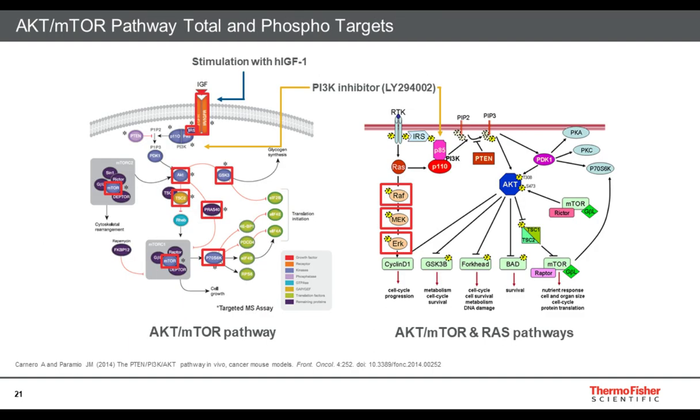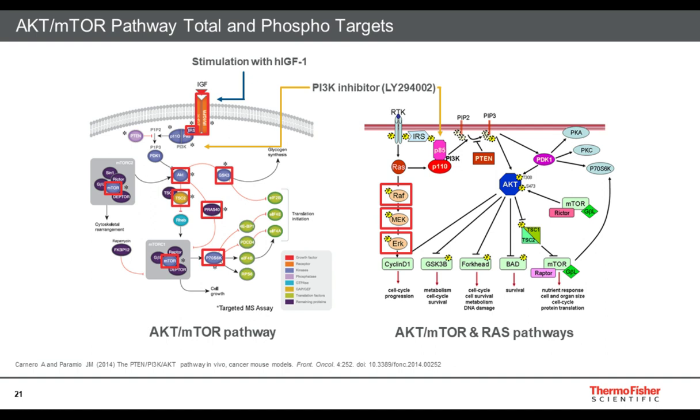So once we have this AKT mTOR and the RAS assays, we wanted to ask a biological question where we took 2 cancer cell lines, HCT116, which is a colorectal cancer cell line, and A549, which is a non-small cell lung cancer cell line.